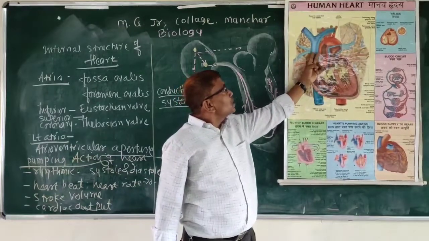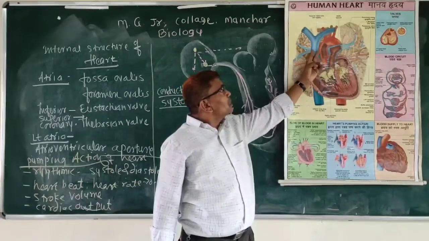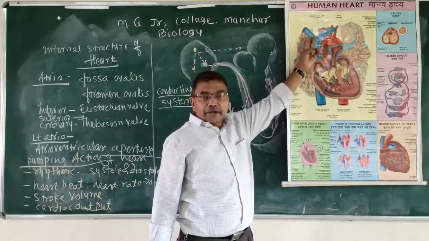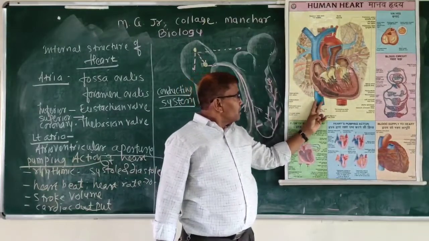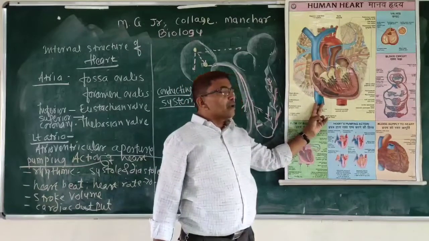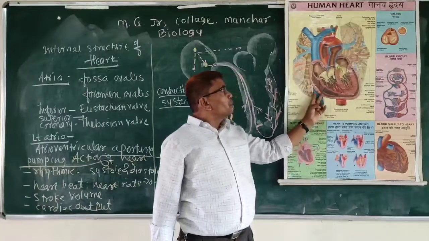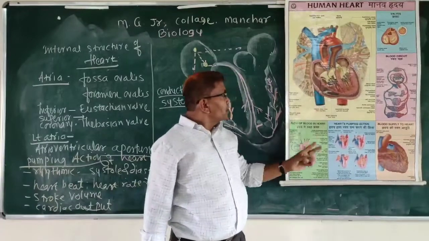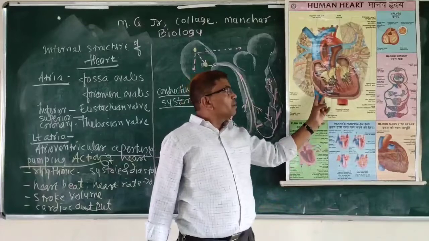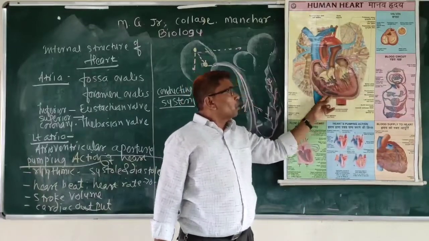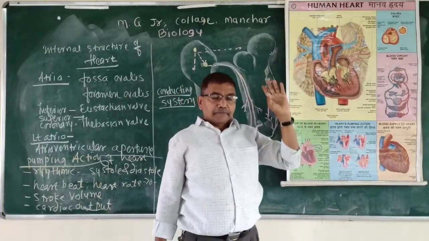One is the superior vena cava, which collects blood from the upper region. Second is the inferior vena cava, which collects blood from the lower region. And one more, the coronary vein, which collects blood from the wall of the heart.